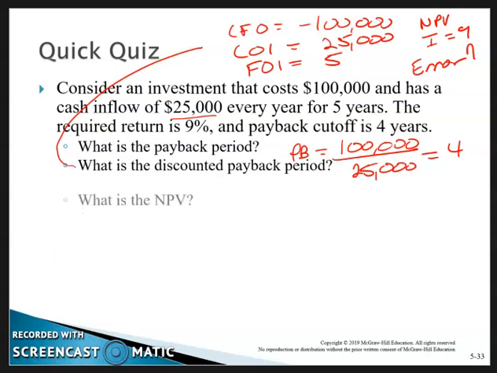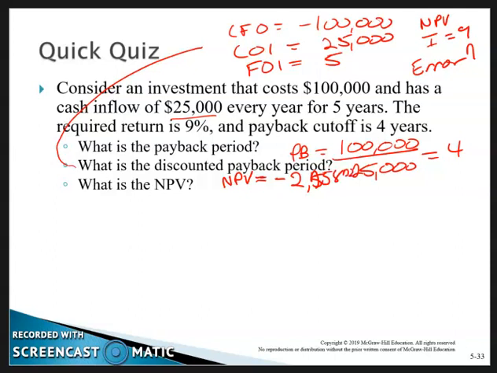To calculate the NPV, we've already done so. So all we do is go back up to NPV and hit compute, and you should get, hold on, I got negative $2,758.72.